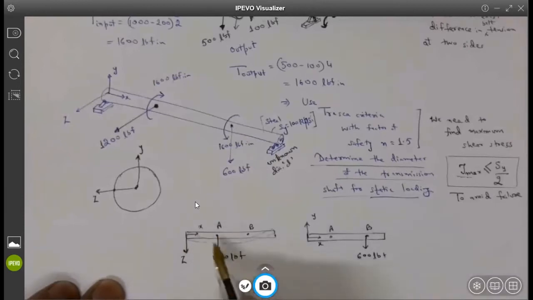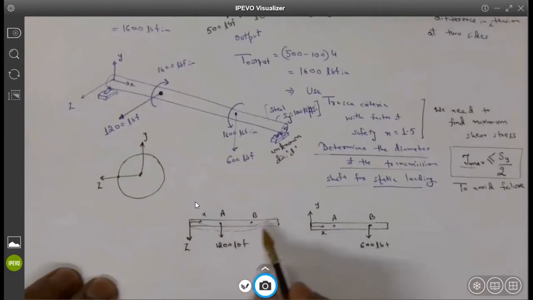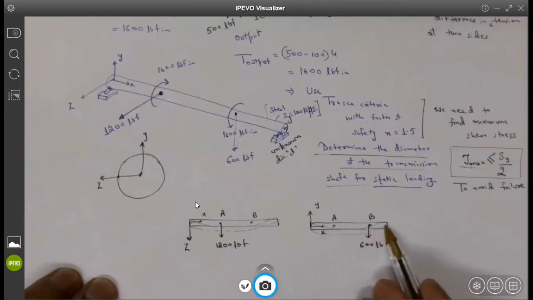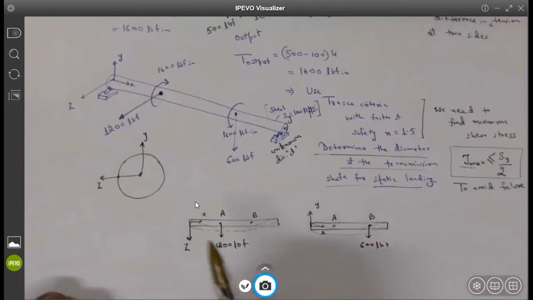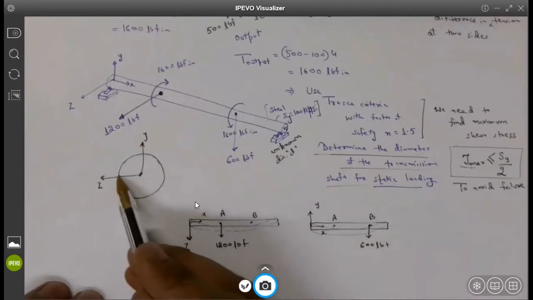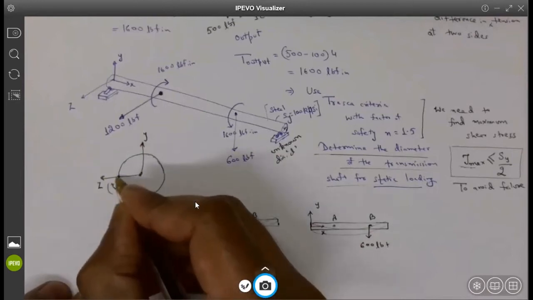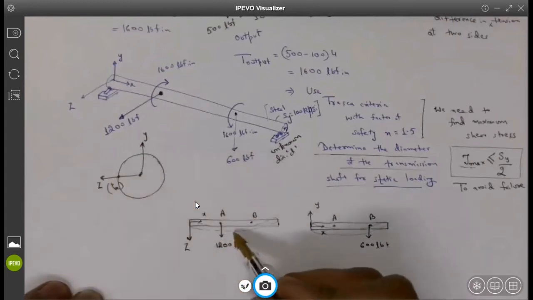So in the XZ plane, the shaft is going to deform like this. In the XY plane, the shaft is also going to deform like this. If I look at the cross section, I will have tension stress due to bending in the Z direction.